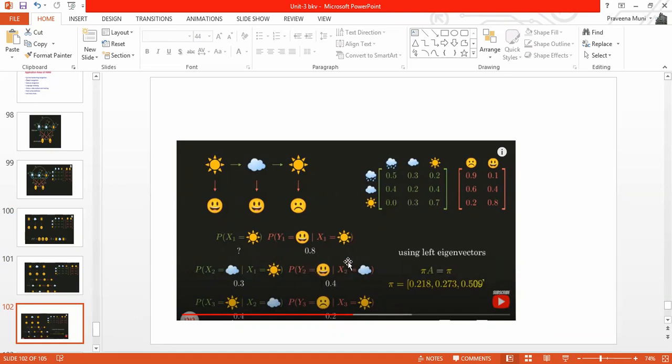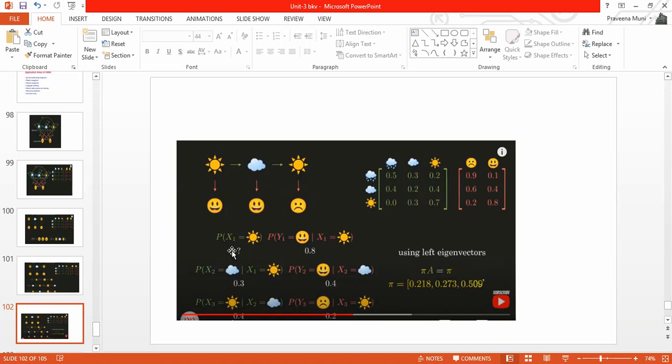Happy given foggy is 0.4. Here we are finding the transition from foggy to sunny, the value is 0.4, and for y3, sad given that the weather is sunny, the value is 0.2. These values we got from these two tables.